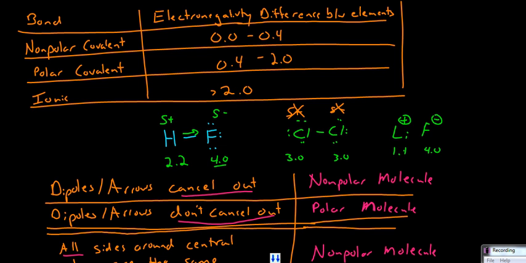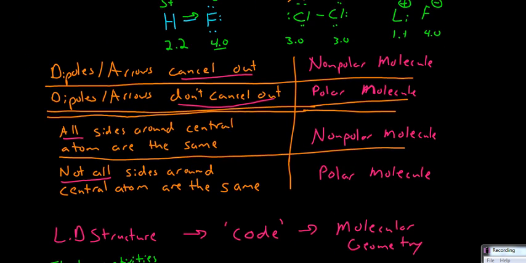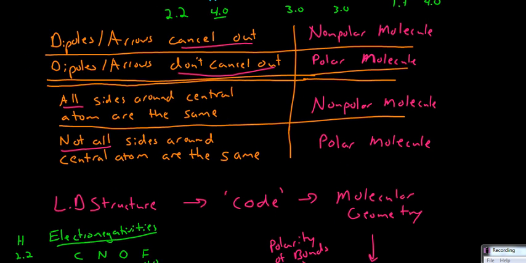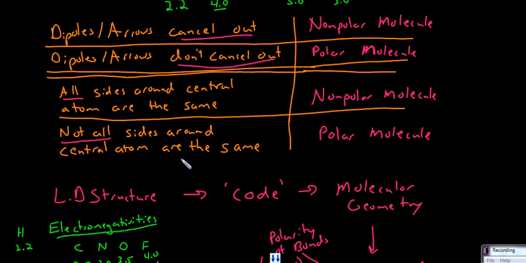So these are bonds, but we also need to consider whether molecules are polar. Now, ultimately, molecules are polar if two ends of them are poles, if one end of it is negative and one end of it is positive. But you can also consider whether the dipoles, those arrows that we draw, cancel out.